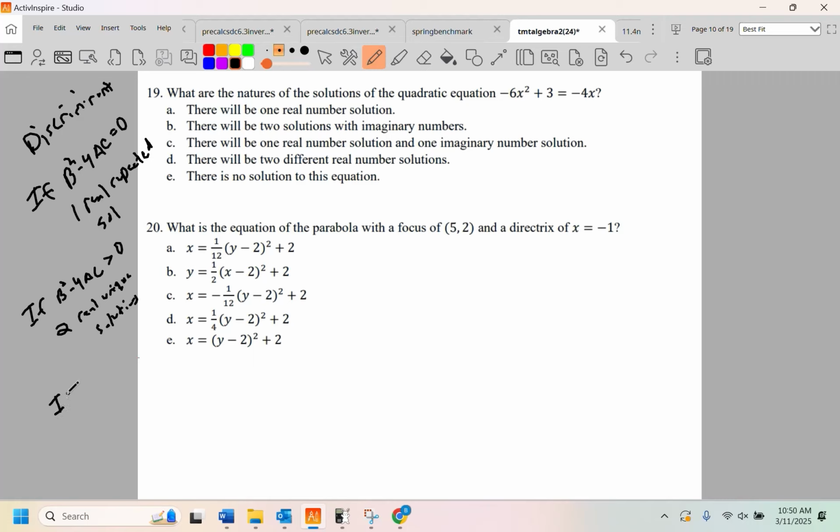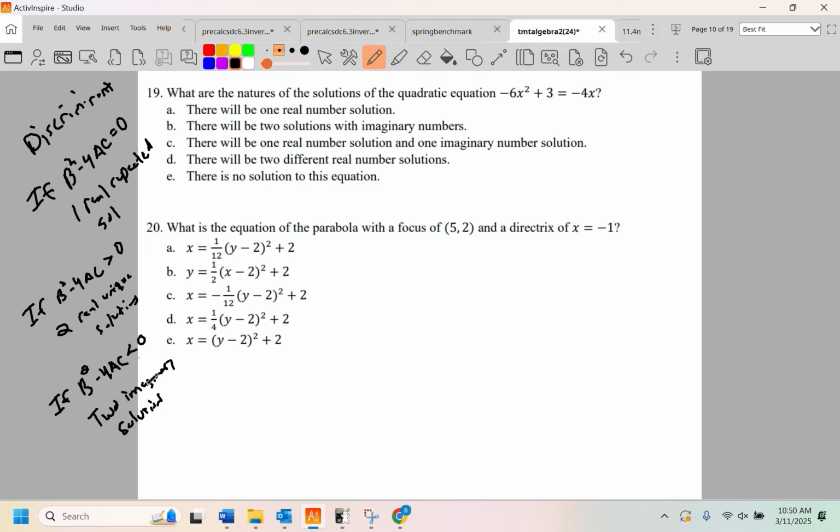And if b squared minus 4ac is less than 0, there are two imaginary or complex solutions, and they are unique.